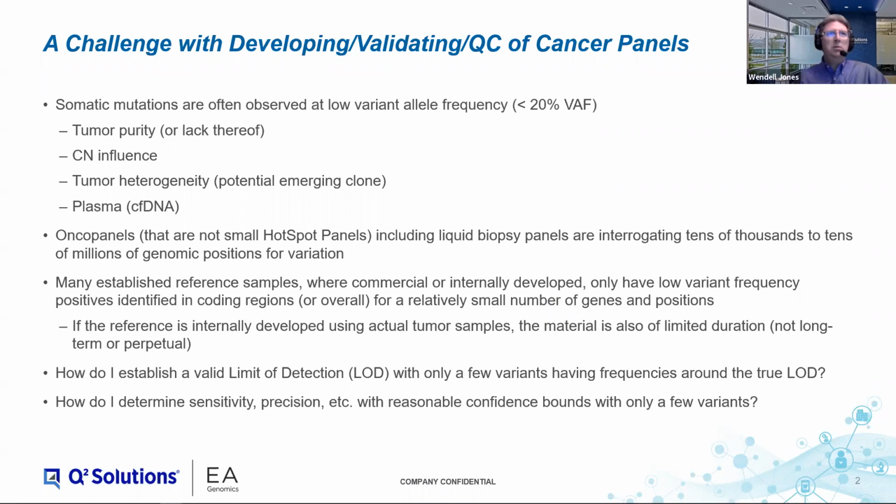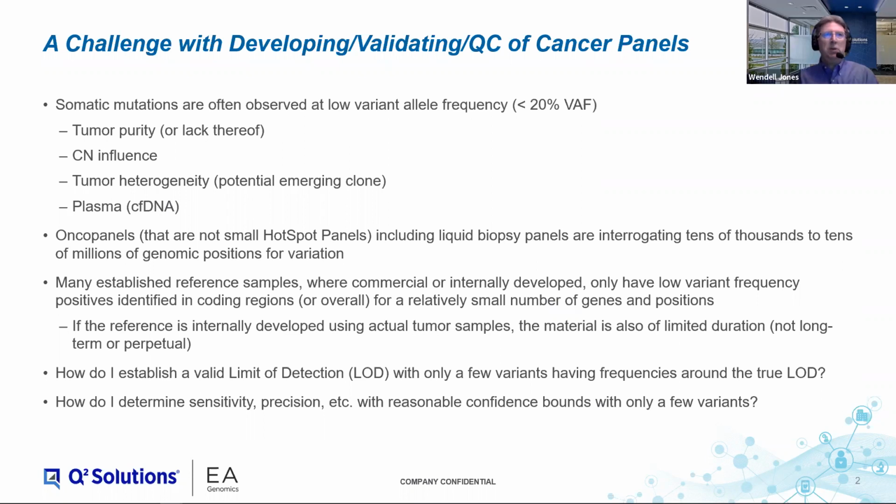When it comes to Oncopanels and liquid biopsy panels, one challenge is they're often interrogating tens of thousands to tens of millions of genomic positions for this kind of variation. So when examining that, there's a question of how do I know that I have validated sufficiently the regions that I would like to interrogate.